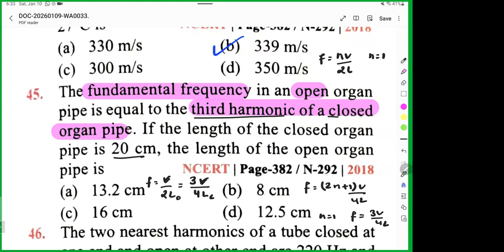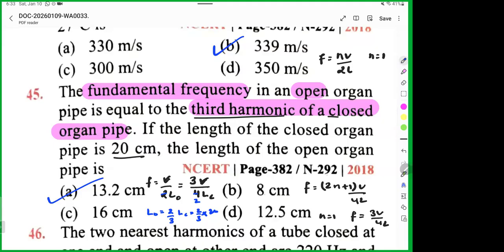You have to calculate your length of the open organ pipe. Cross multiply 2 to the 4. So 2 by 3 LC, which is equal to 20. So 40 by 3.